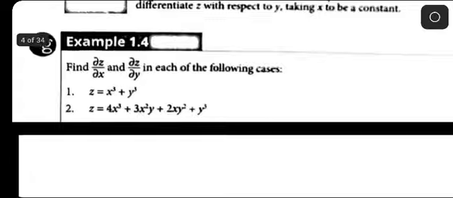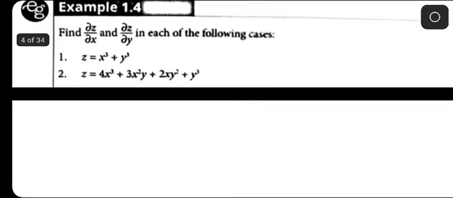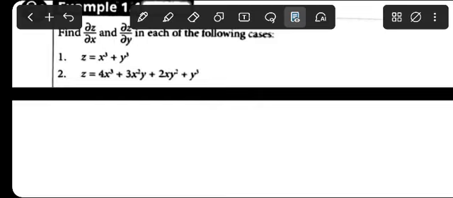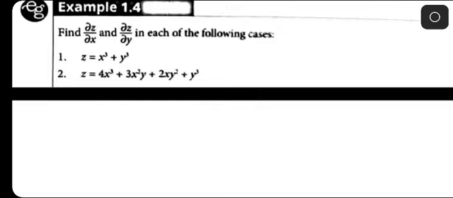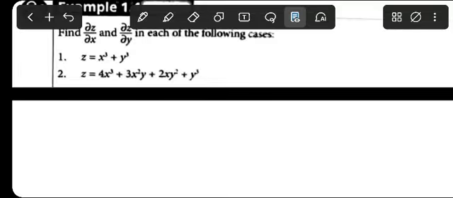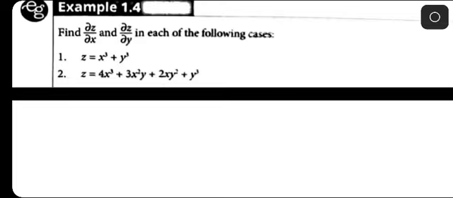For example, example 1.4 says to find the partial derivative of z with respect to x, and then of z with respect to y, in the following cases.